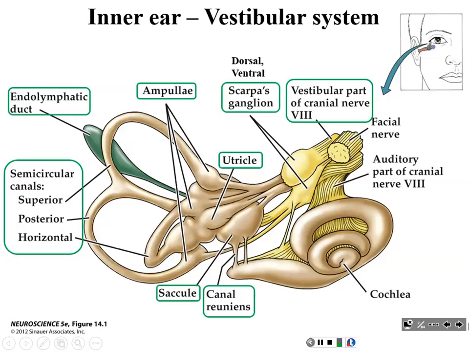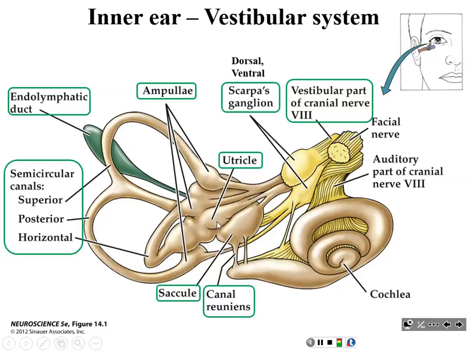Here is another diagram of the inner ear. You already know this part. This is the cochlea. This is the auditory part of the cranial nerve number 8. In here are the labyrinth structures. Here we have the 3 semicircular canals. At the base of each one of them is the ampulla, or the ampullae in the 3 of them.